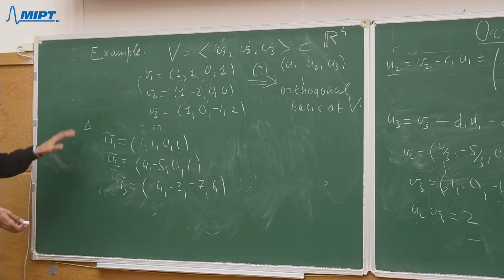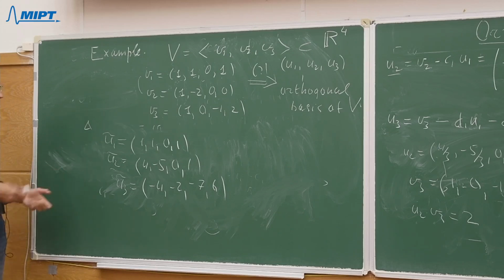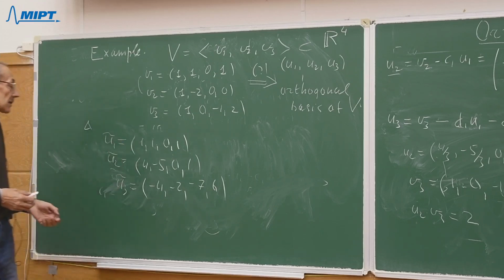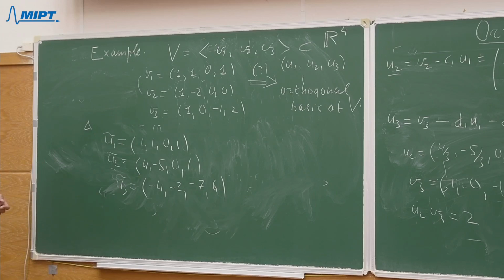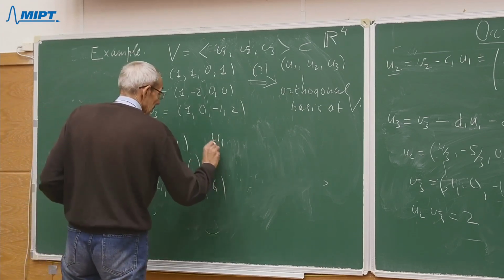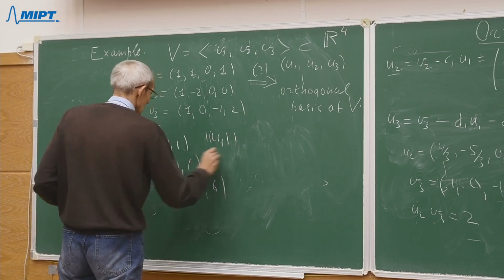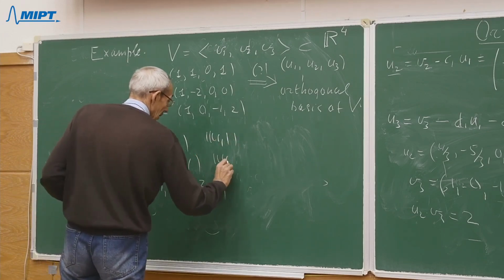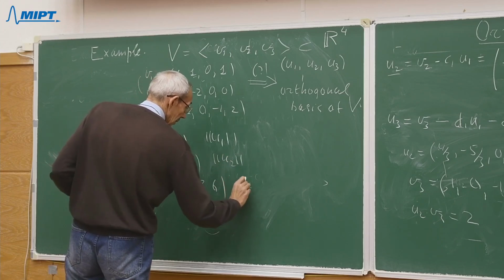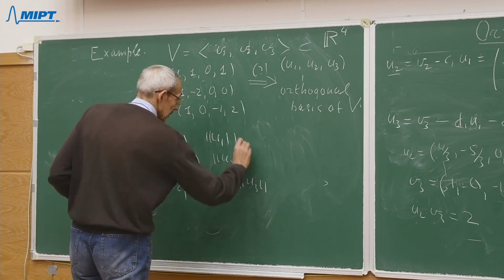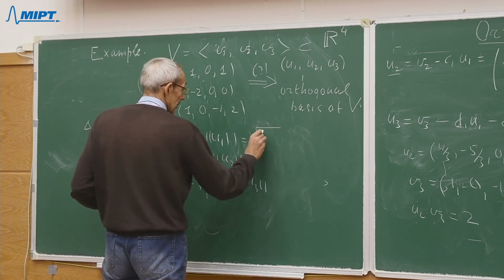We can change the size of these vectors, and we can construct the system which has such coordinates that the length, or scalar square, of each vector is equal to 1. And if we calculate the norm of each vector, the norm is the square root of the scalar square.